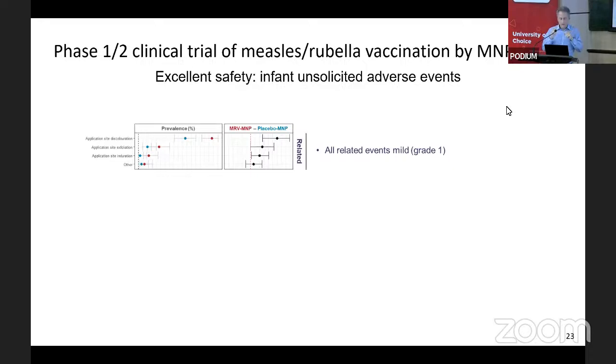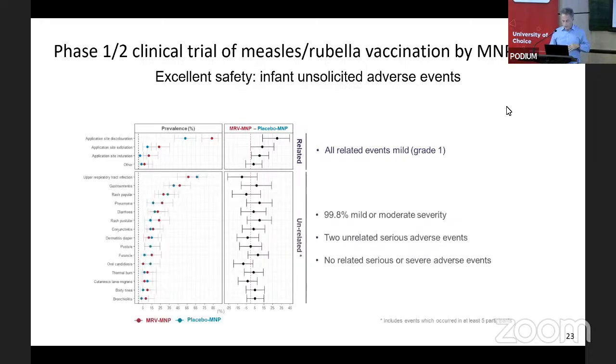So it was the prevalence in the group that got the microneedle patch vaccine minus the prevalence in the other group, which is the placebo microneedle patch, which is the same people as the subcutaneous vaccine. So there was one that was significant. You can see the very first bar, application site discoloration. So that was significantly greater when the vaccine was given by the patch. And you saw an example of that on the previous slide, what that discoloration looked like.